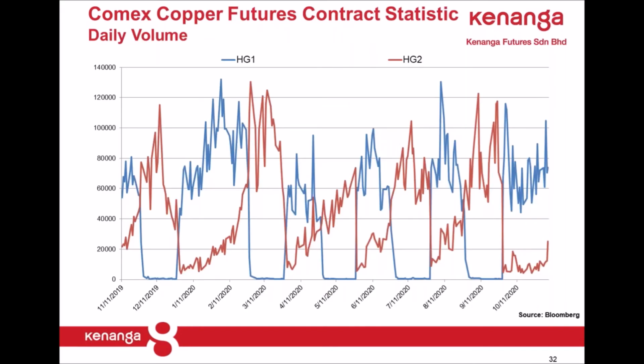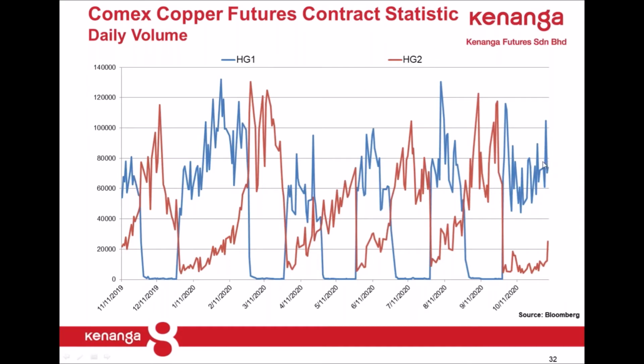Now, in terms of the statistics of the volume of this contract, why I show this chart is because you can see copper has the spot month, the current month, and the next month contract.